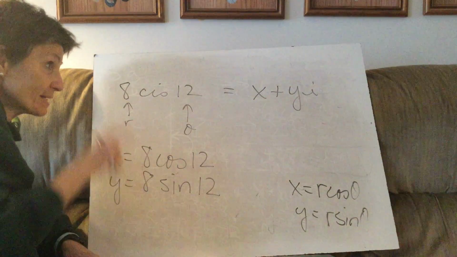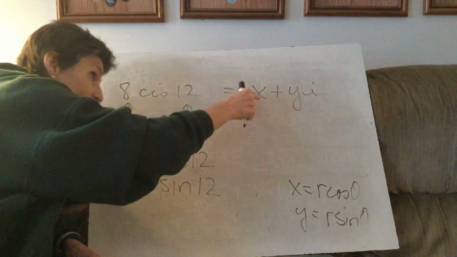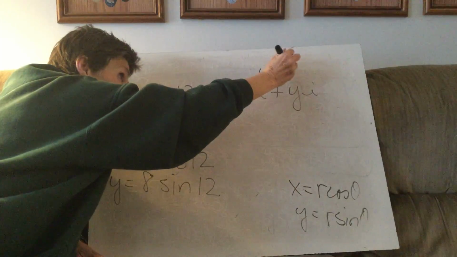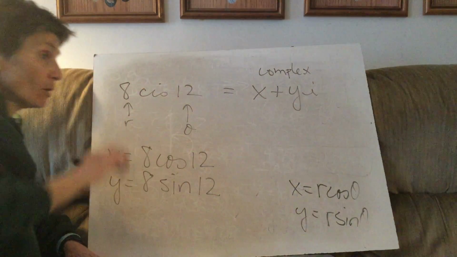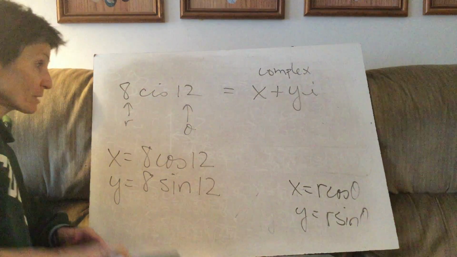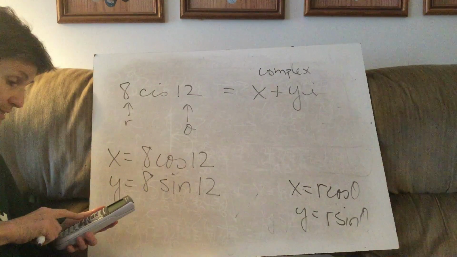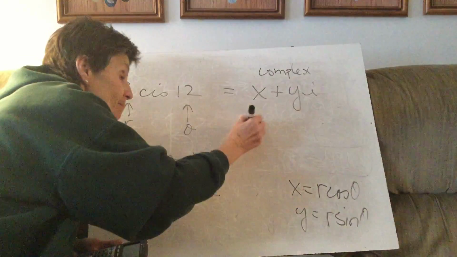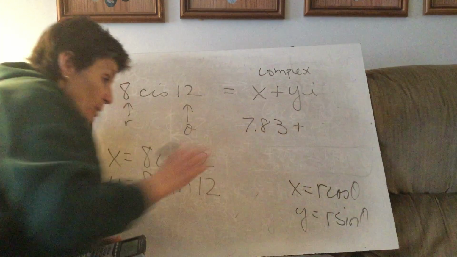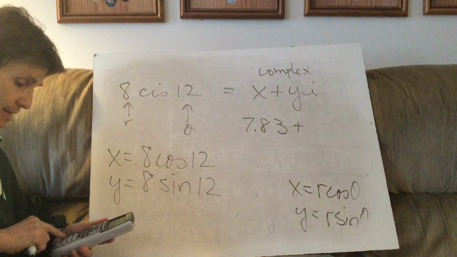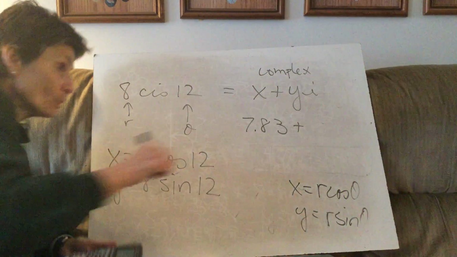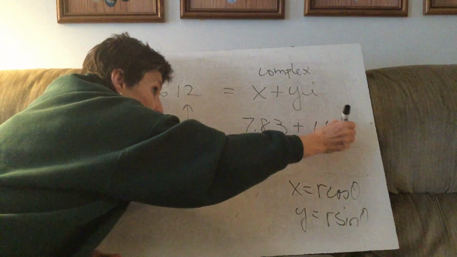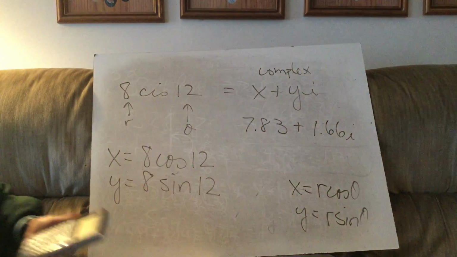That's what complex form means. This is complex right here, or Cartesian or rectangular. All those words mean the same thing. So 8 cosine 12, 7.83, plus 8 sine 12, 1.66. And remember, the I always goes with the Y.